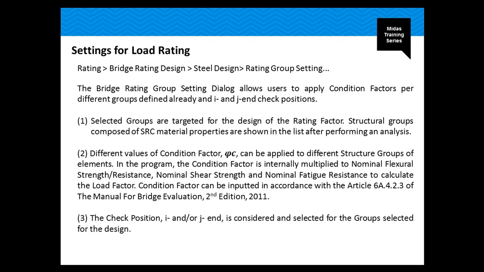The condition factor can be inputted in accordance with the article 6.4.2.3 of the Manual for Bridge Evaluation, and you can check the position I, N, or J if you select those groups for the design. This is basically assigning a different group condition factor as per group. If a certain part of the bridge has a condition factor different than another part, you can group those sections or parts and assign the condition factors for each one of them.